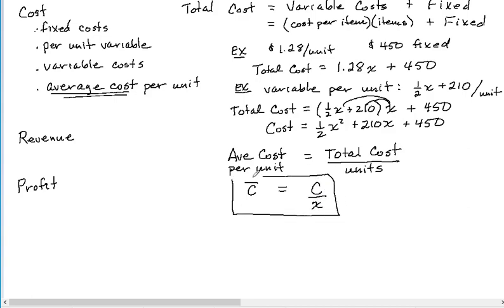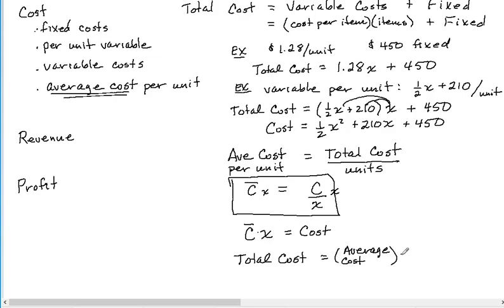We're going to use that quite a bit. You could work with this, like if you multiply both sides by an x, then the average cost per unit times the number of units would equal the total cost. In fact, let's make this its own formula. Total cost is average cost per unit times the number of units.